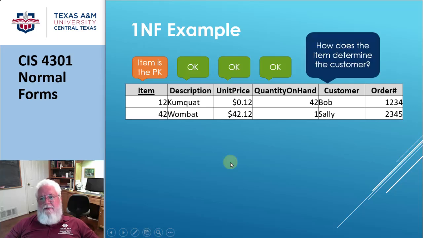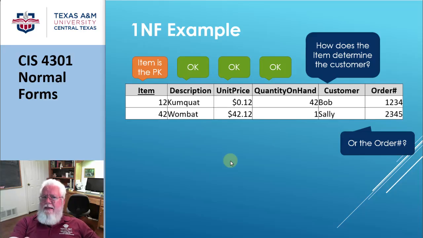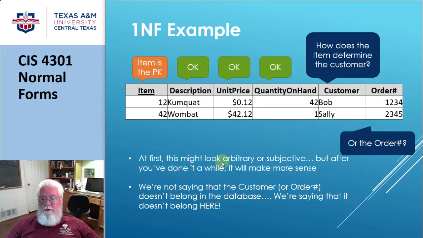But no, the item number does not determine, that's the functional dependency term, does not determine the customer. And it doesn't determine the order number. Now, we're not saying that you don't need this information, the customer and the order number. We're not saying we need to eliminate that. What we're saying is you need to move it someplace else. Okay? Cool.